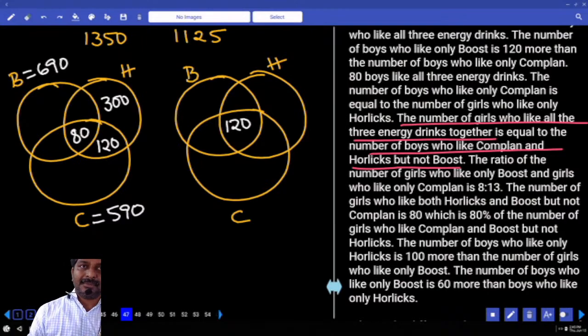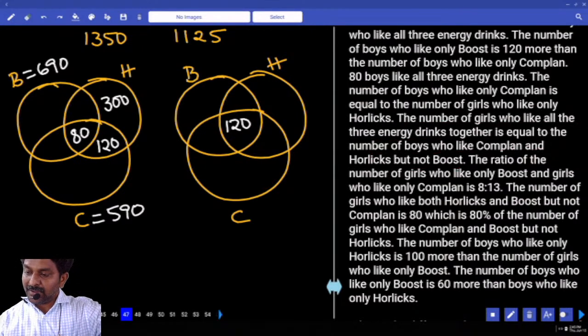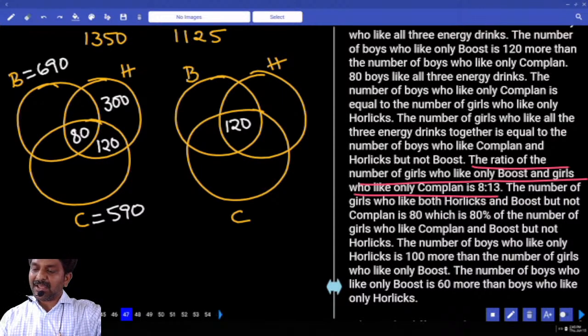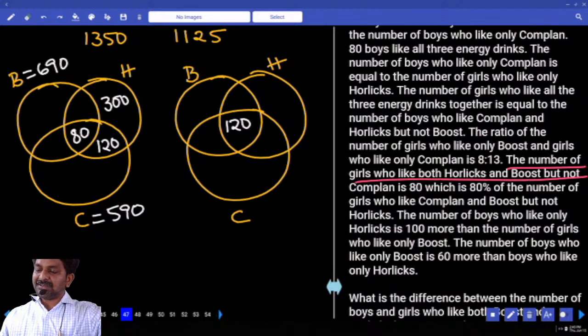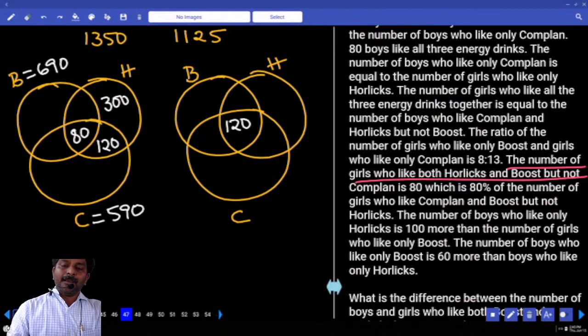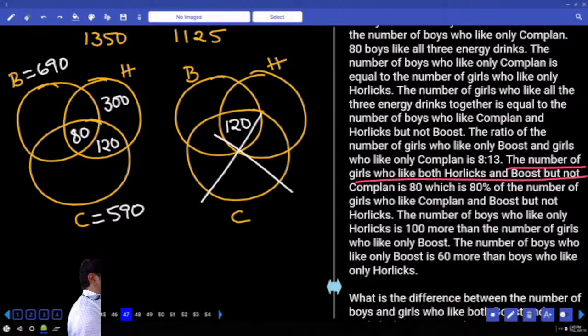Correct. Continue. The ratio of number of girls who like only Boost to girls who like only Complan is 8:13. The data is not there. Number of girls who like both Horlicks and Boost, but not Complan. Complan is not required. Horlicks and Boost.